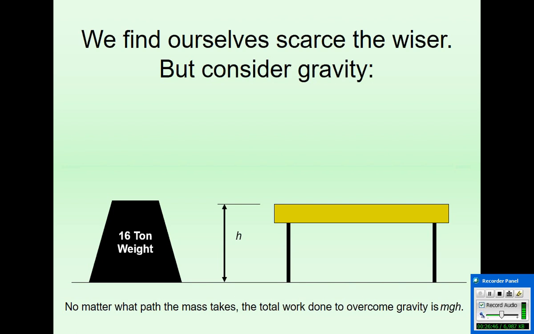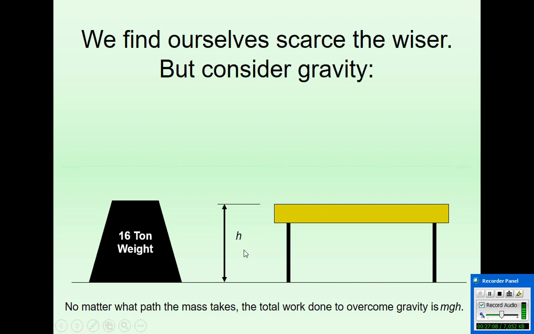Let's consider gravity. We're going to take this 16-ton weight that's on the floor and we're going to set it on the table. The change in height of this 16-ton weight, it goes from a height of 0 to a height of h. So the change in height is h.